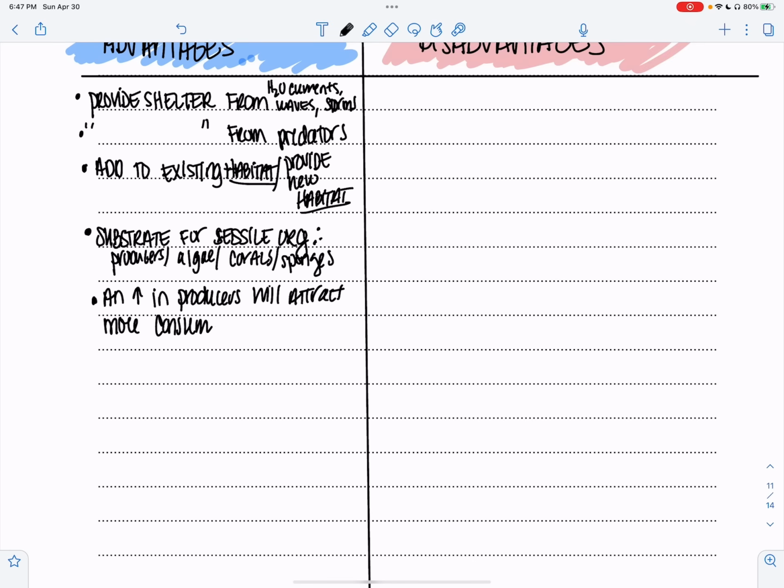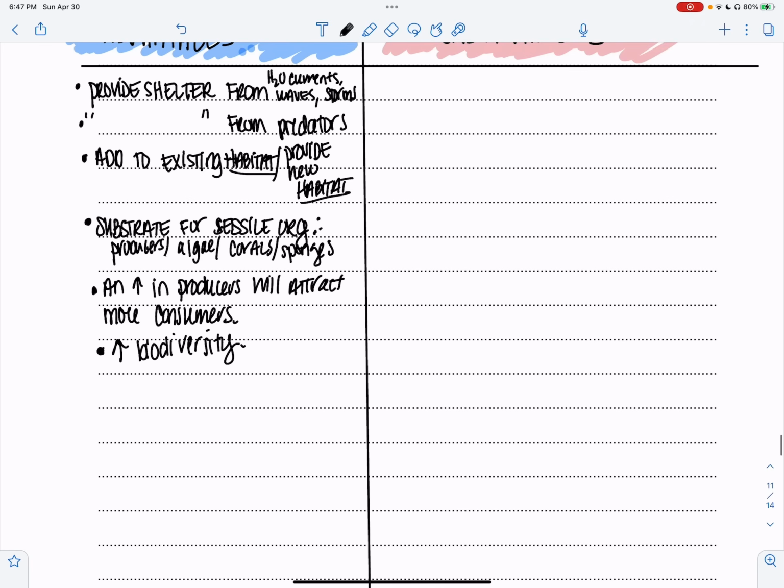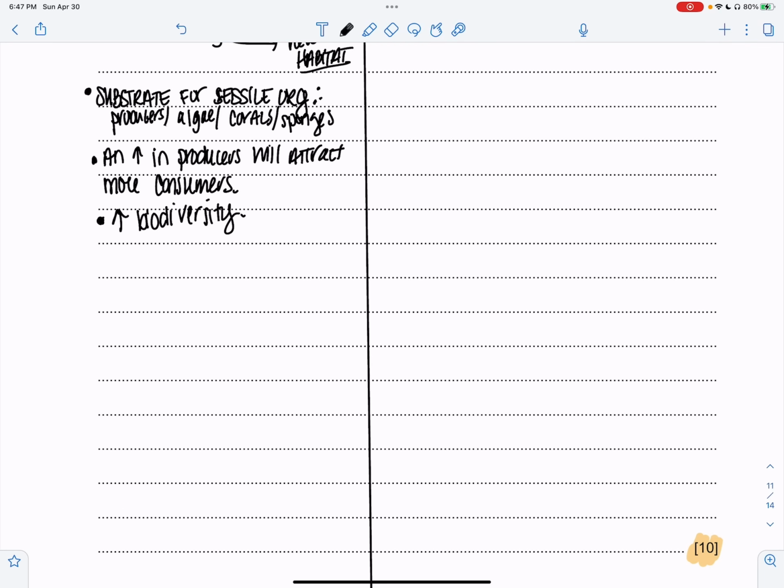Or instead of attract, you could say can provide food for more consumers, and this will increase biodiversity because now you're going to have a variety of different species living there, and within those species you could have a lot of genetic diversity, and by definition, by putting in an artificial reef, you're making a new habitat. That means you're going to be increasing the ecological biodiversity.